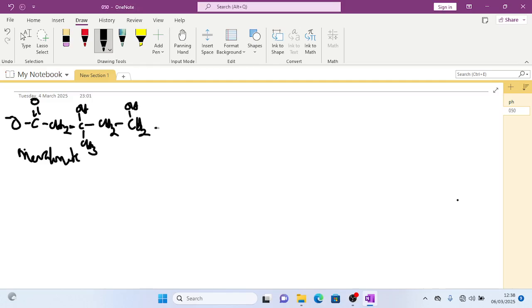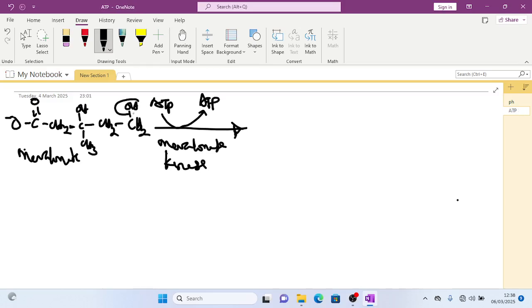So the enzyme that catalyzes this conversion of mevalonate into an isoprenoid is the enzyme mevalonate kinase. So it's a three-step phosphorylation reaction. It requires ATP so as to take a phosphate group and phosphorylate this hydroxyl group.